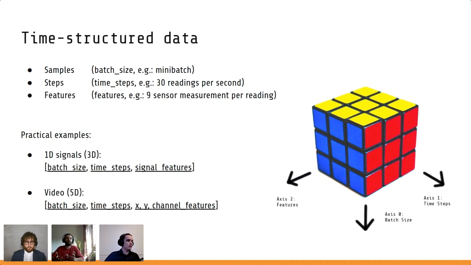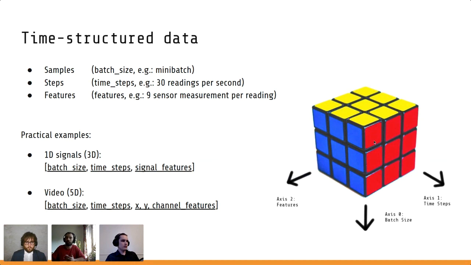So for instance, let's pretend we have 3 signals coming from an accelerometer. So you'd have X, Y, and Z signal from that accelerometer measurement. This means that you would have 3 features at each time step for each sample, and that these readings would be repeated along those axes.